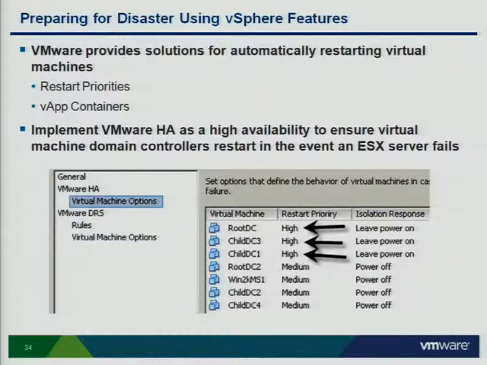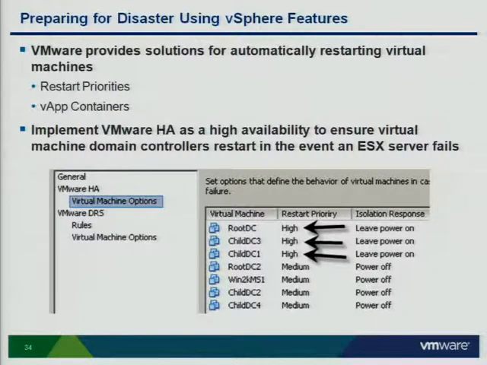Now, there's an interesting little caveat with this, and I don't know how much exposure you all have with HA. You may or may not know this: if I have 10 virtual machines running on a host that catastrophically failed, and there is enough remaining resource in the remainder of the ESX servers within that cluster to start all 10 of those virtual machines, restart priority is insignificant.